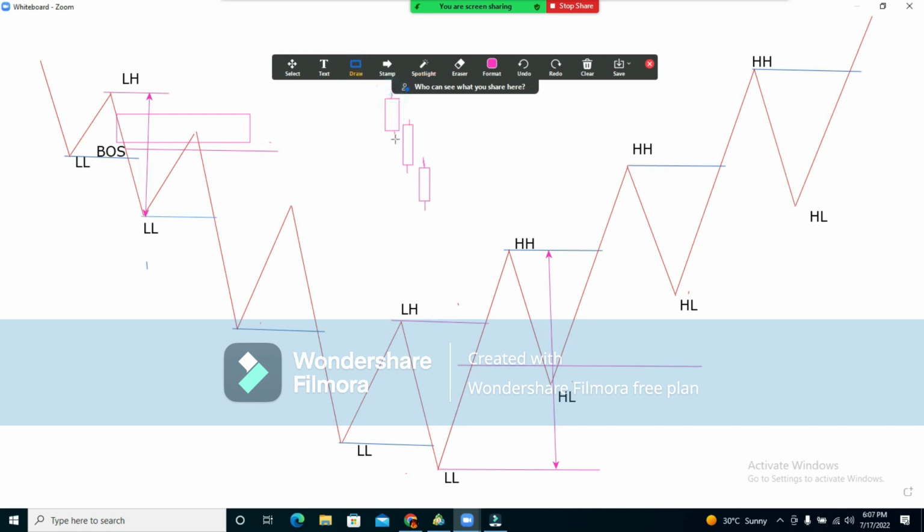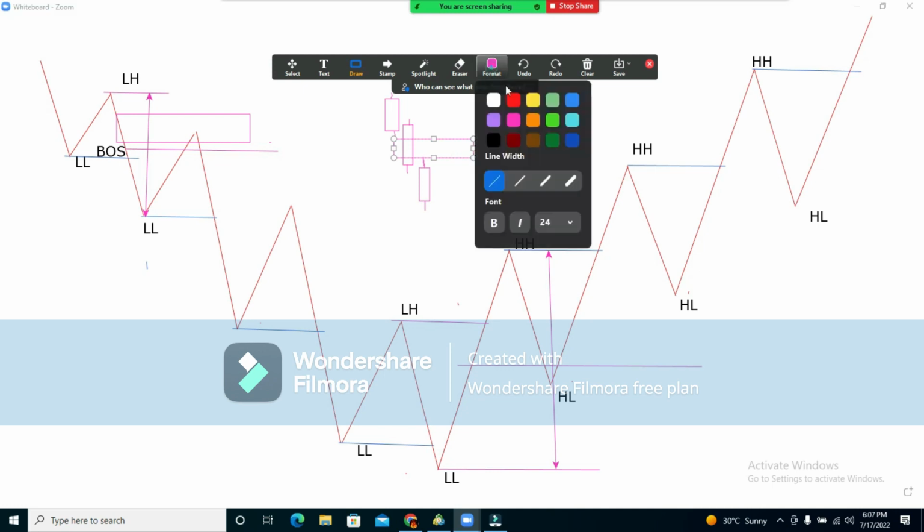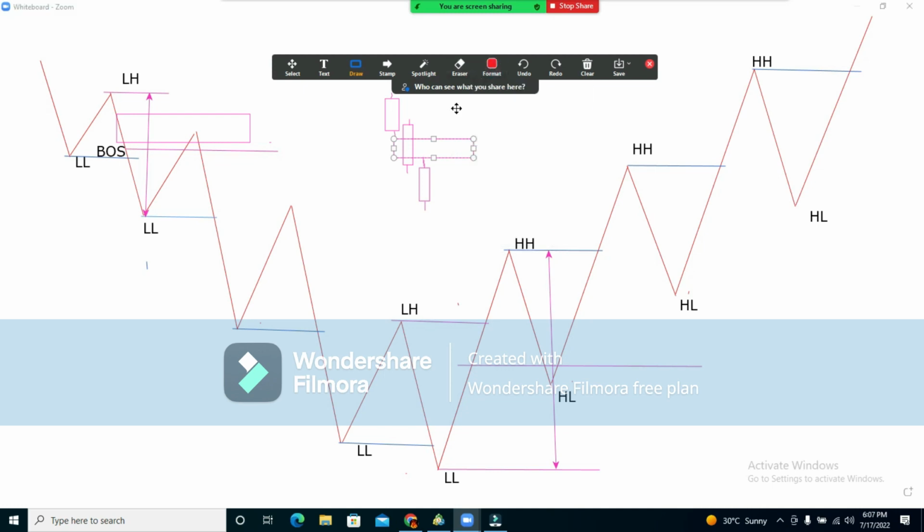Let me show you from here to here. You understand? Let me use another color. So this space is a fair value gap. This space here is a fair value gap. Do you understand?